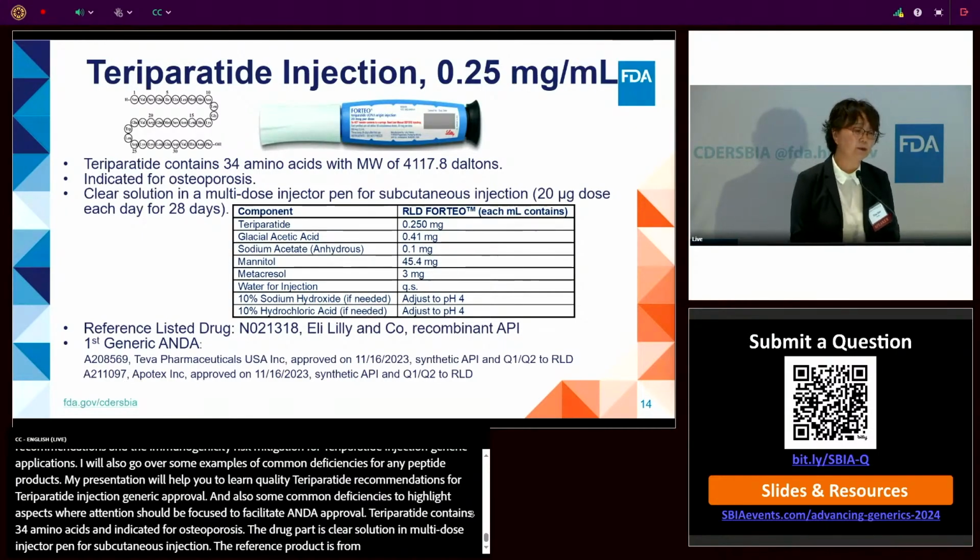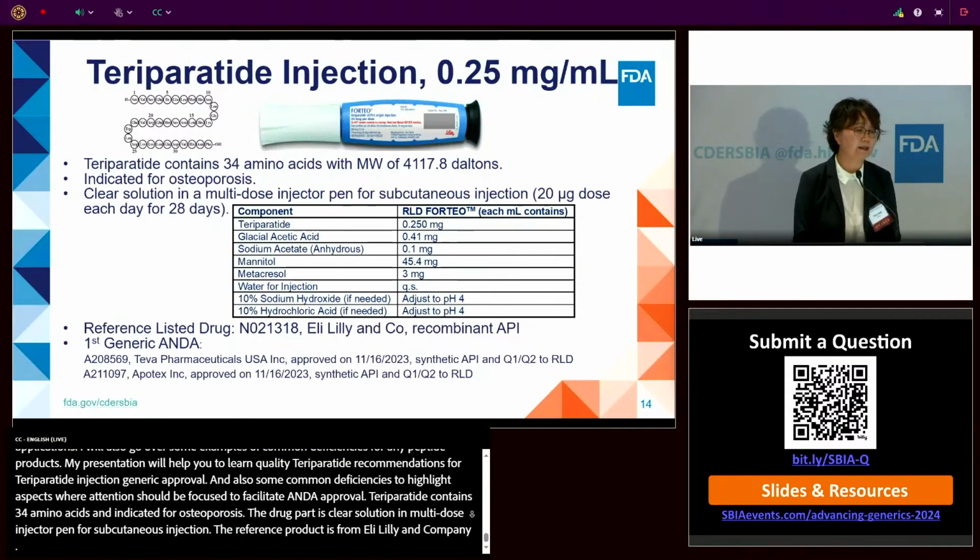The first approved generic ANDAs are from Teva and Apotex. Both are Q1, Q2 the same as the RLD, and both are eligible for biowaiver, and both with synthetic API.